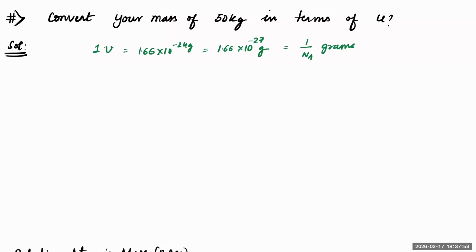And you know that 1 gram from here, can I say that 1 gram is always equivalent to Na multiplied by 1 U?